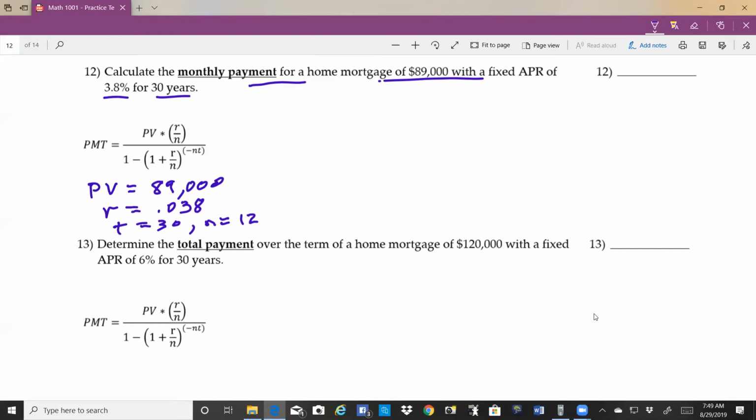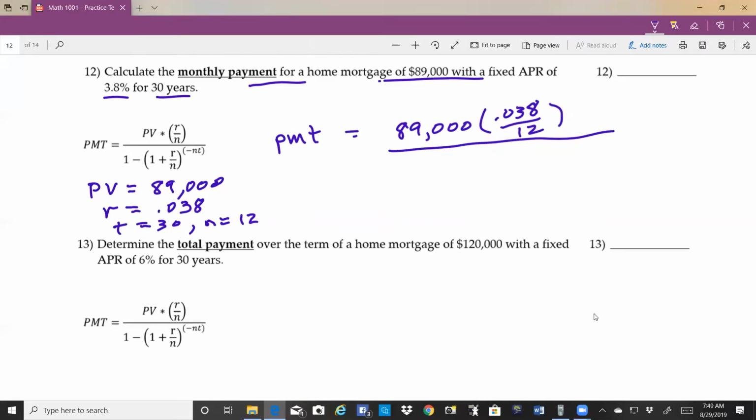So now your payment is going to be 89,000 times 0.038 divided by 12, divided by 1 minus 1 plus 0.038 divided by 12 to the minus NT, which is minus 360.